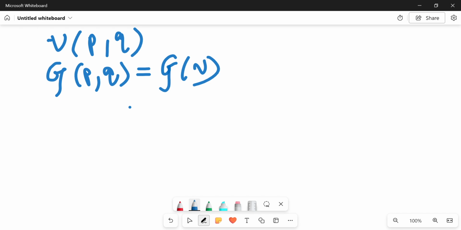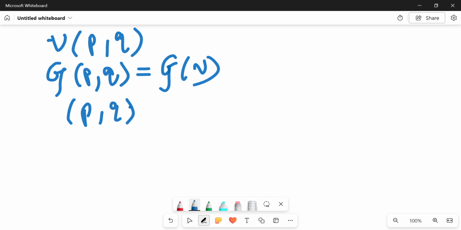place and time. So PQ in itself is called the signature. PQ is the signature of the vector space.